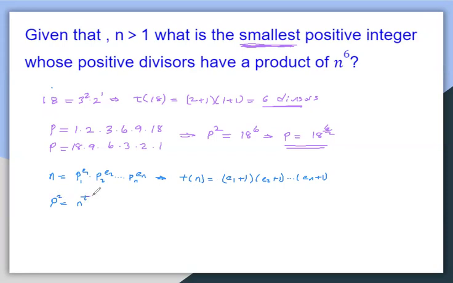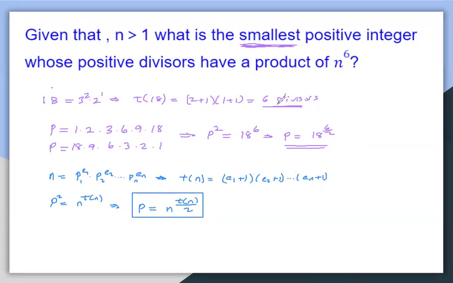So that should be T of n. If I take the square root, the product is going to be n to the T of n, the number of divisors, over 2. Again, this is a good one to remember. I wouldn't say memorize, but it is one of the powerful relations we have with the divisors.